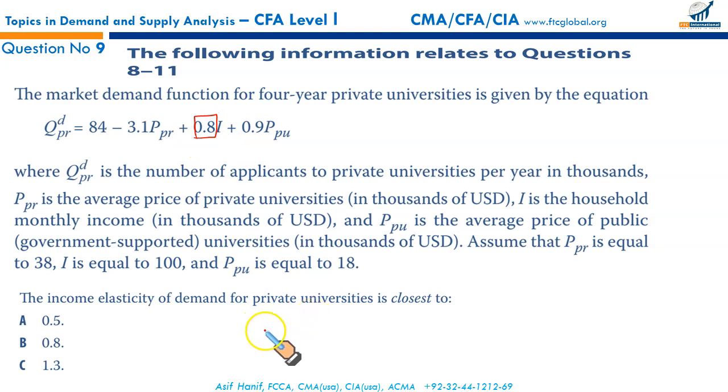So income elasticity of demand is equal to plus 0.8 times income, that is 100 in thousands of US dollars, upon the quantity demanded, that was calculated previously as 62.4. So if you simplify, it's going to be 1.3.